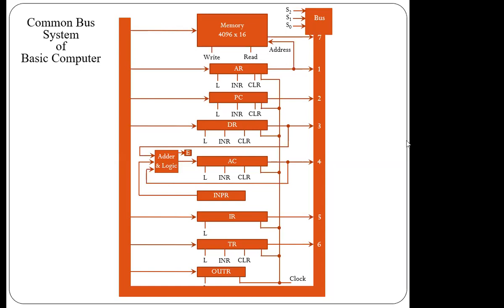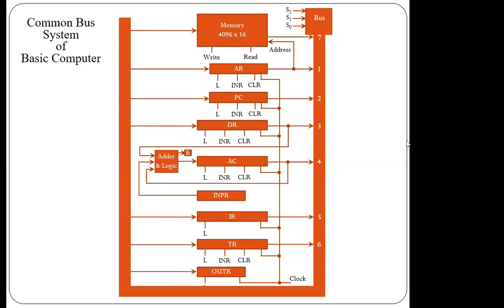If memory wants to write something onto the bus, first of all, how is writing achieved? Writing is achieved with the help of selection lines. What will be the number? That is 7. So S2, S1 and S0 have 111 as a value, right? So here you have 111.